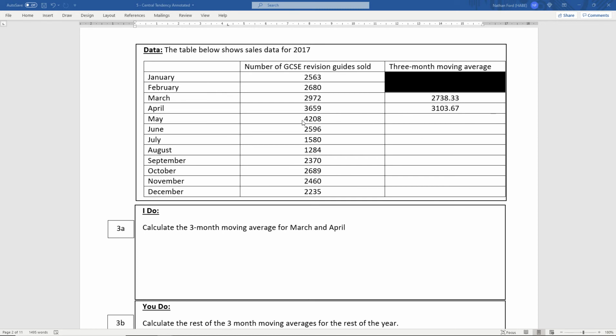If we wanted to find out the 3 month average for May, we want to take these 3 months, which includes May, and do an average of them. So we would do 2972 plus 3659 plus 4208, and we'd divide that by 3.